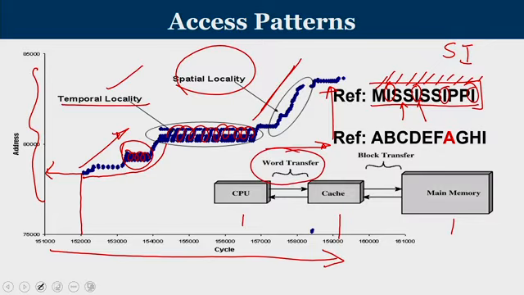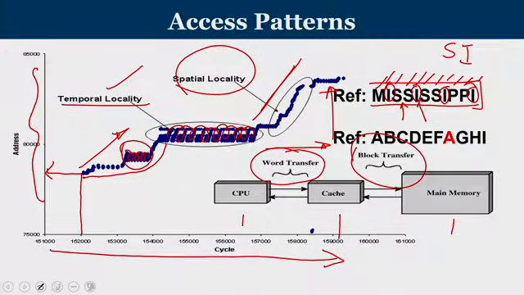So, the unit of transfer between cache and CPU is words. When the cache misses something, it goes to main memory and brings a bulk of data, not only one word. Because of spatial locality, I will bring a larger unit of data, and that is what is known as a block.